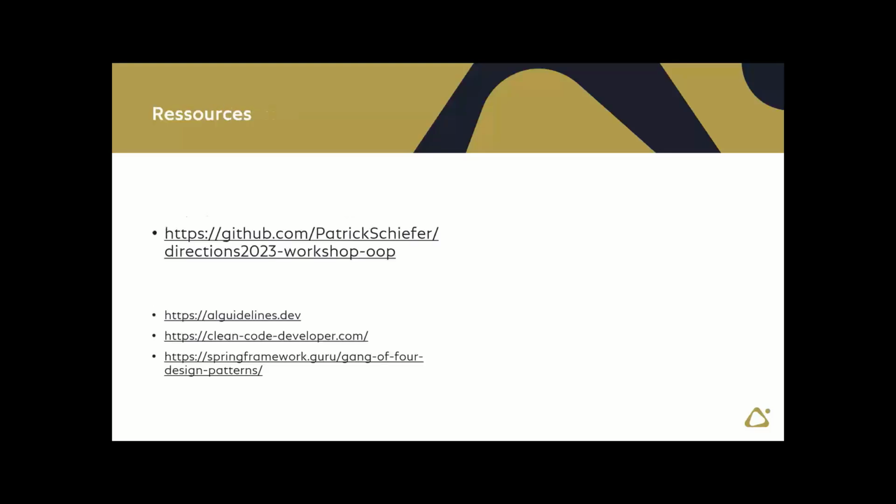When we go back to the resources page at the beginning, I've mentioned already the Gang of Four design patterns. Most of the patterns I showed you today are from there. I'm not sure if something is not included inside of this book.